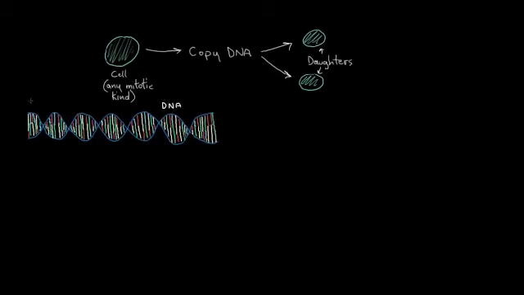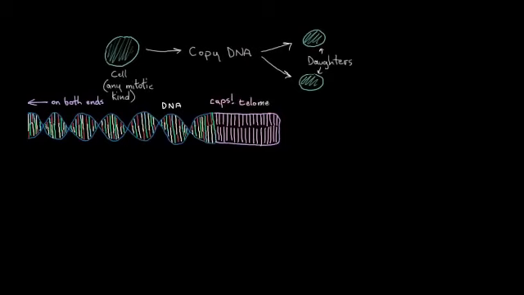At the ends of our DNA strands, on both sides, we have these little caps, sort of like the little plastic tips on the ends of your shoelaces. And just like how the plastic tips protect your shoelaces from fraying, our telomeres, that's what these tips are called, prevent damage from happening to our DNA during the copying process.